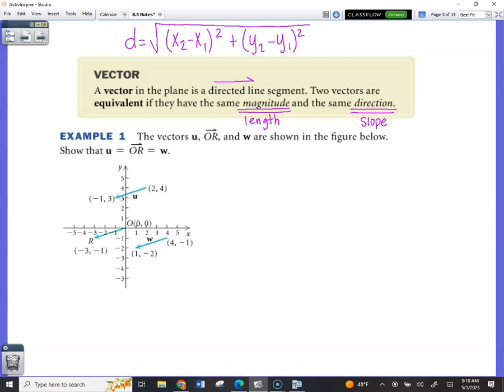So magnitude means the length of it. And then if I say, what's the direction of the vector? Because it is a directed line segment, that is the equivalent of what's the slope of it. Okay? What's that phrase for slope that you might remember? Not slope intercept. Rise over run. Remember that?